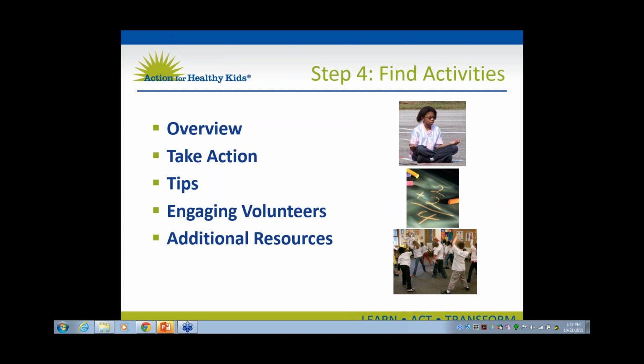The Take Action section provides easy ways to implement the activity or the steps necessary to start the program. For example, if you're looking at the nutrition education activity, it will suggest various ways you can implement nutrition education throughout your school building. If you are reviewing the breakfast in the classroom activity, it will walk you through each step you should take to implement a successful breakfast in the classroom program.